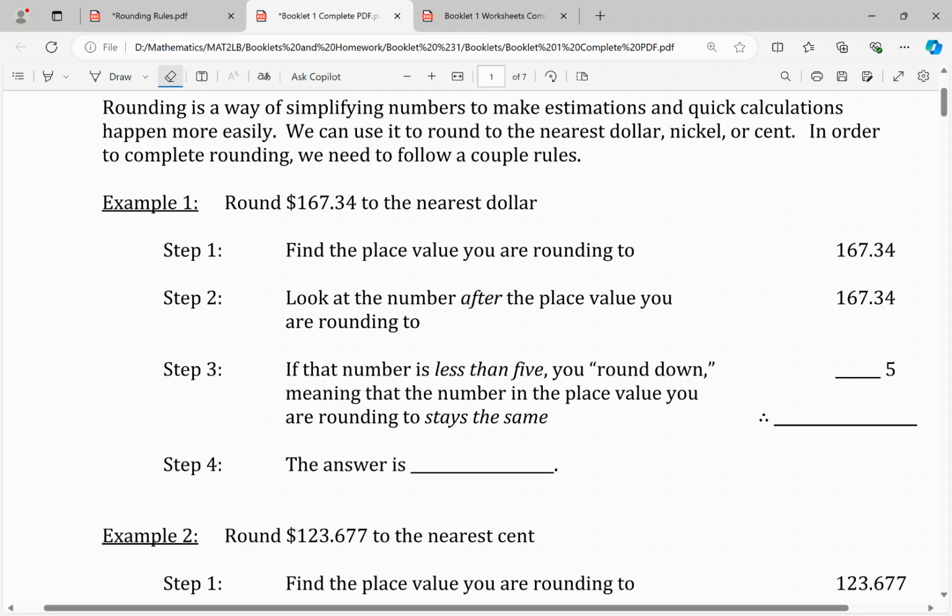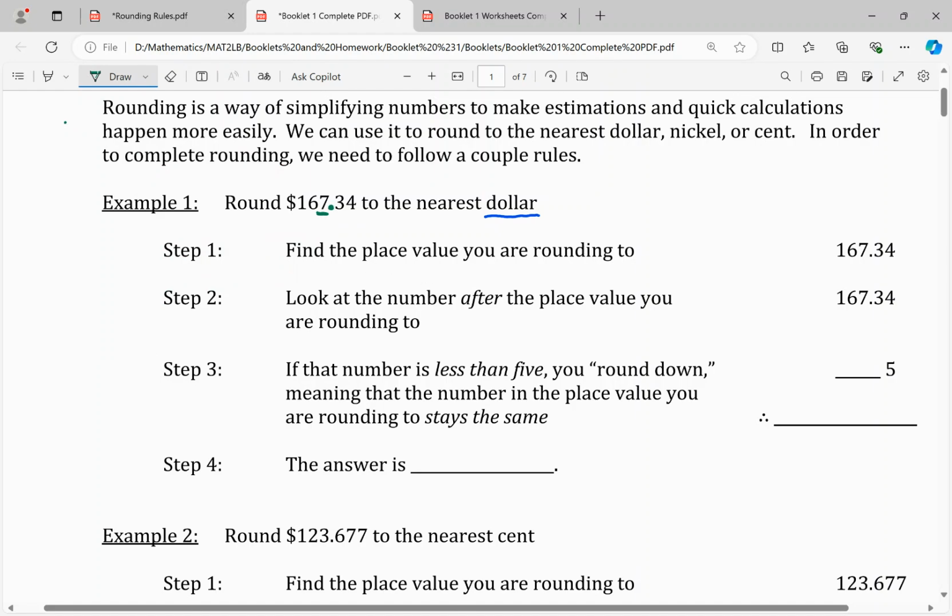In order to complete rounding, we need to follow a couple of rules. So, our first number that we're rounding here is $167.34. And we're rounding this to the nearest dollar. So as I explained before, when you're rounding to the nearest dollar, you are looking at the first digit before the decimal. That's our 7.